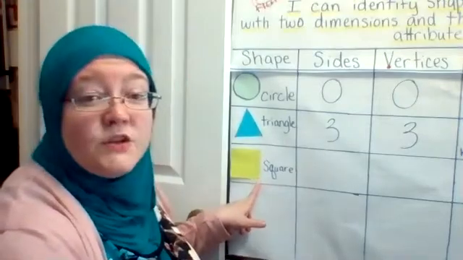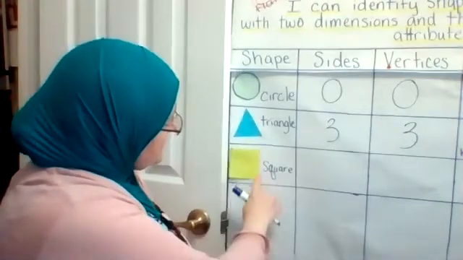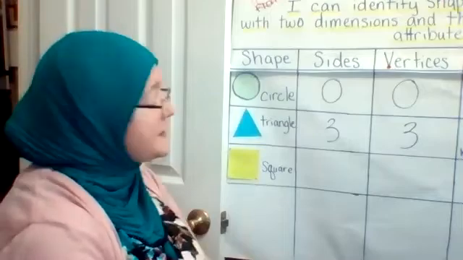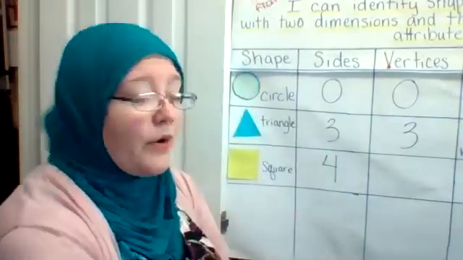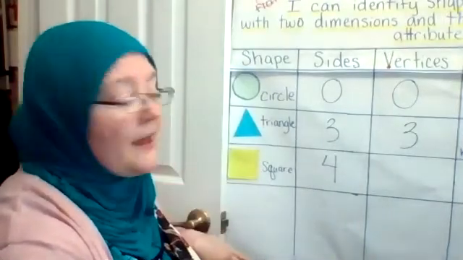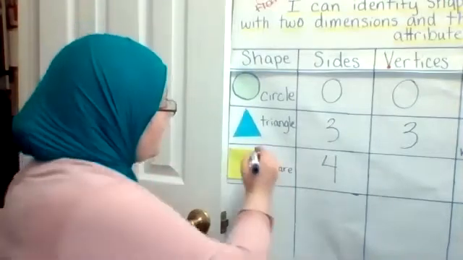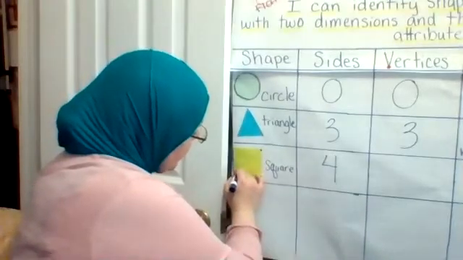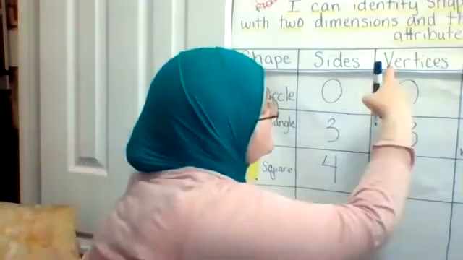So let's go ahead and count our sides again. 1, 2, 3, and 4. 4 sides for the square. Remember, if I have 4 places that sides come together, that means I also have 4 vertices. 1, 2, 3, and 4. 4 vertices.